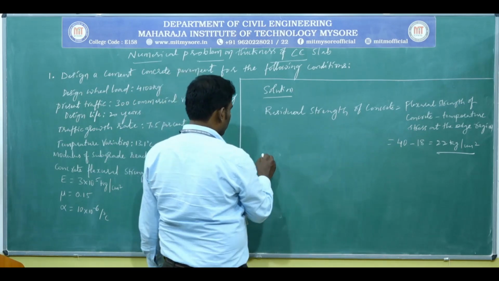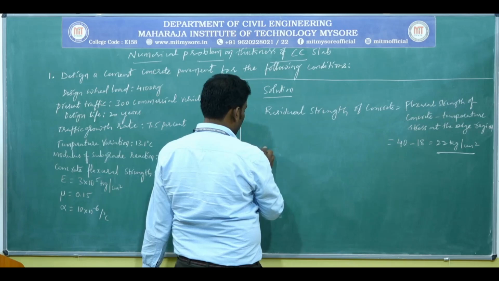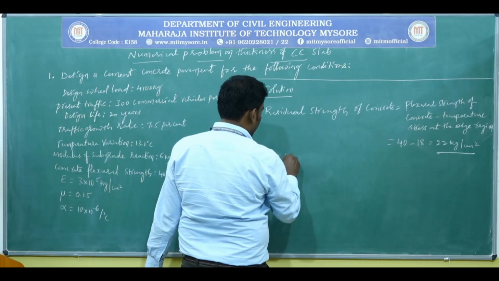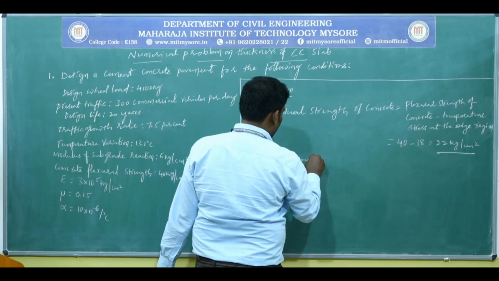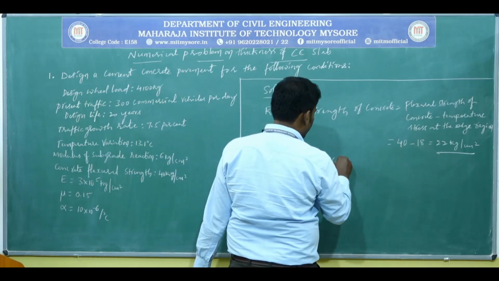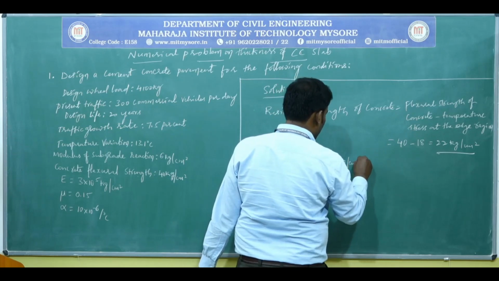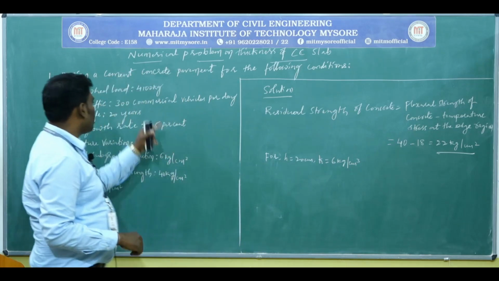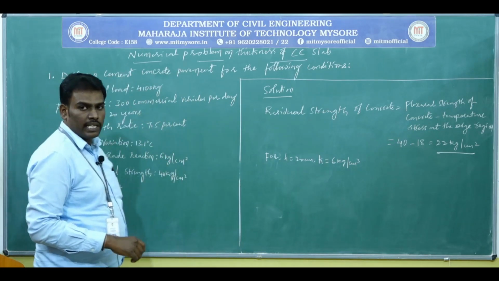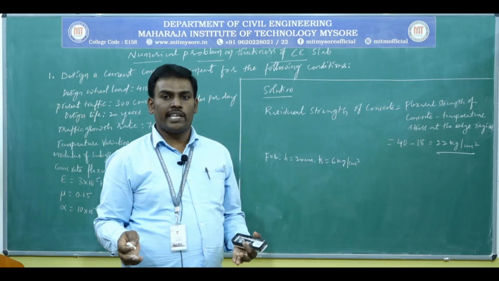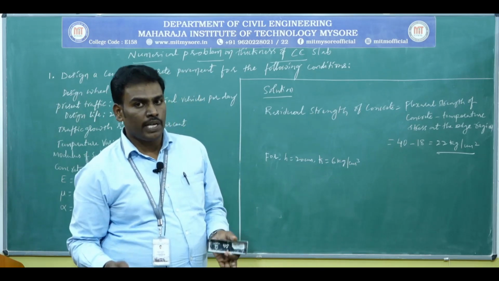See here, for H equal to 20 centimeter, K is equal to 6 kg per centimeter cube. And the wheel load given is 4100 kg, so the axle load becomes 8200 kg, that is 8.2 tons.